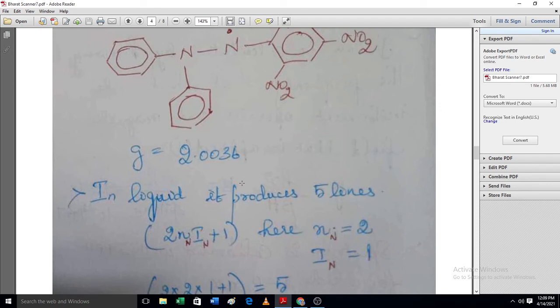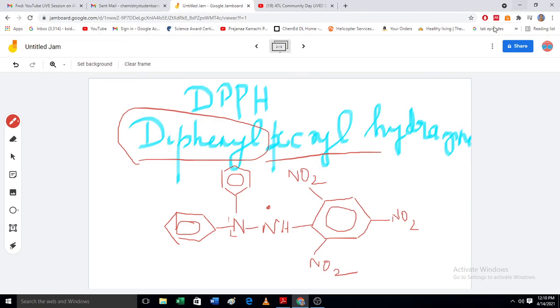Why we get 5 lines, we will see. In liquid you get 5 lines for this molecule, the diphenyl picryl hydrazine radical. This is the reference compound for ESR, and you get 5 lines for this. We will see how.